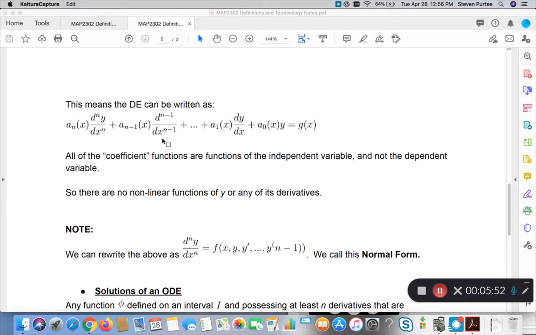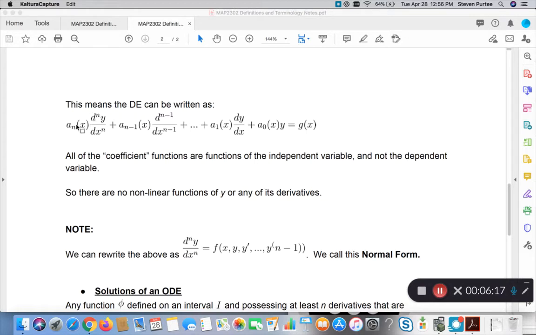Another way of expressing that is we can rewrite, if we wanted to, when we move everything to one side. We can express the DE as all of my different derivatives with some function of only x in front of them.